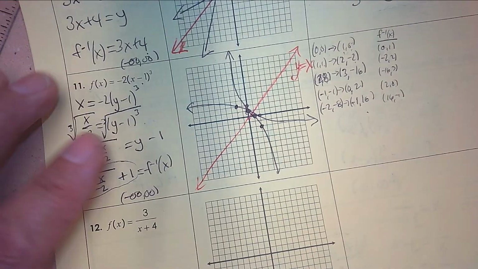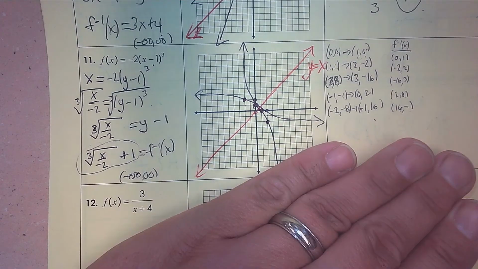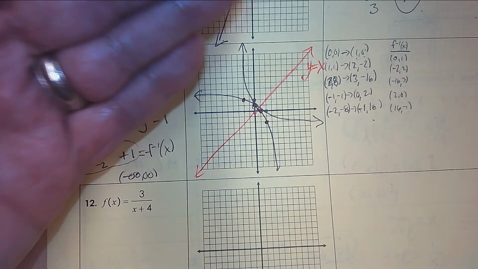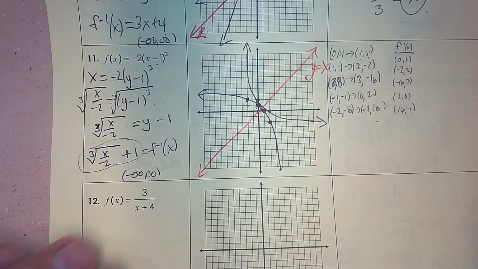If I draw the line y equals x, if I fold one, would it fold on top of the other over that line? So can you see one would fold over on top of the other if you can visualize it? So we verified it graphically.